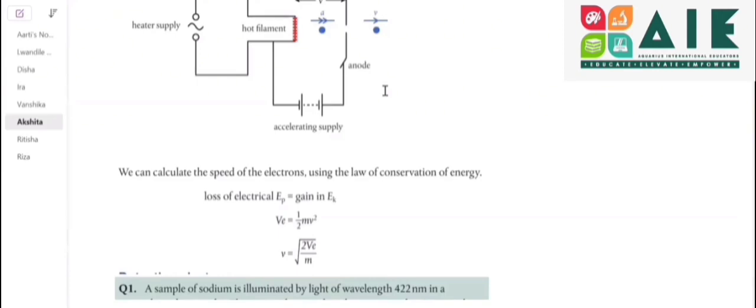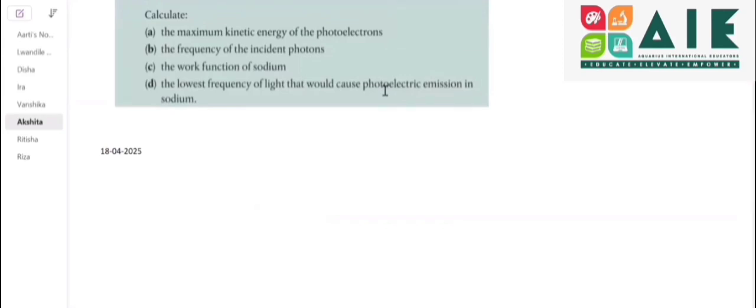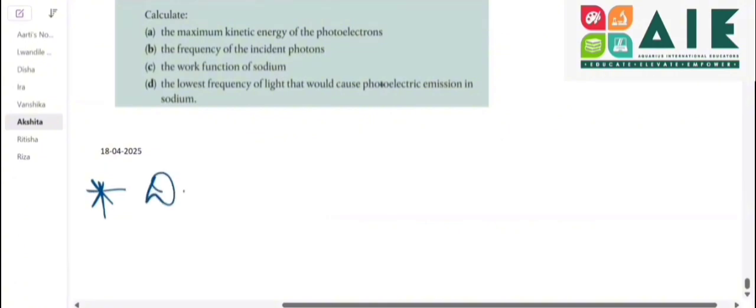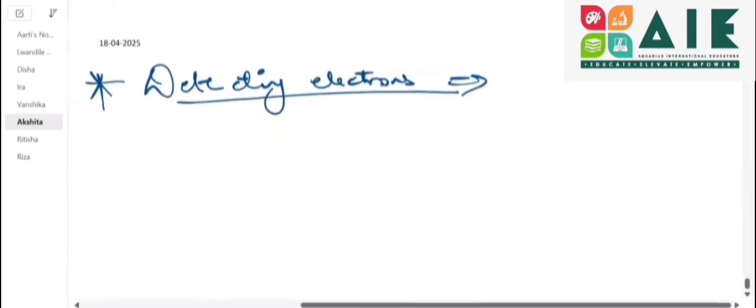Okay. Hello. So now after this, we are having detecting the electrons. How do we detect the electrons? Let's start with that. So basically, we cannot see electrons directly.